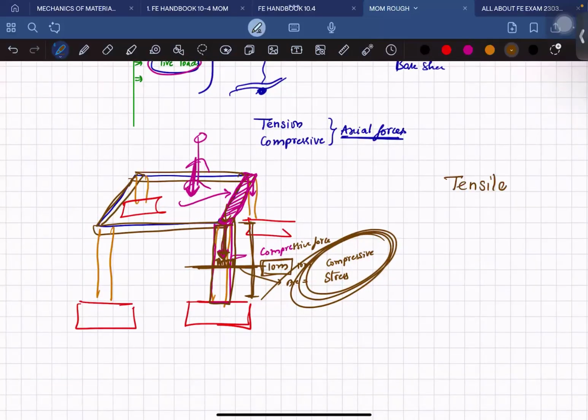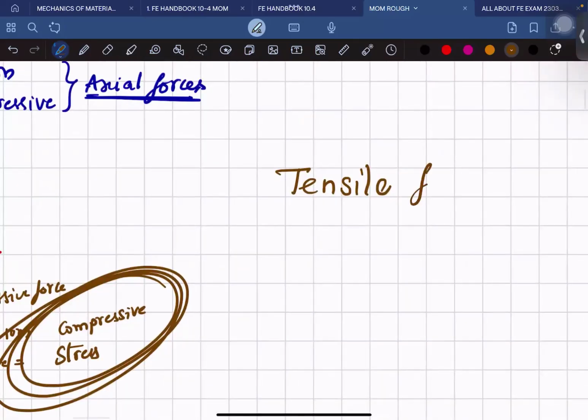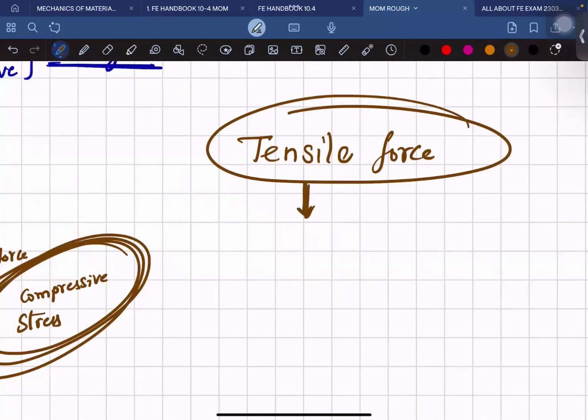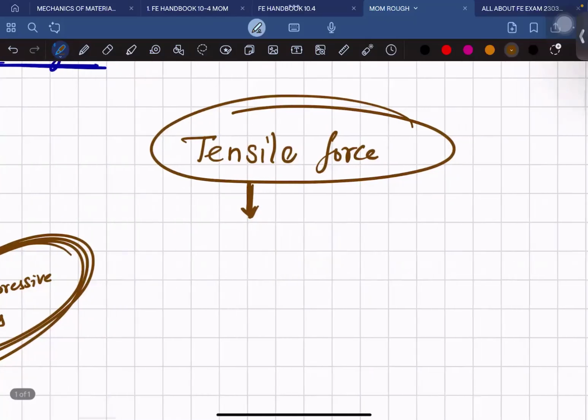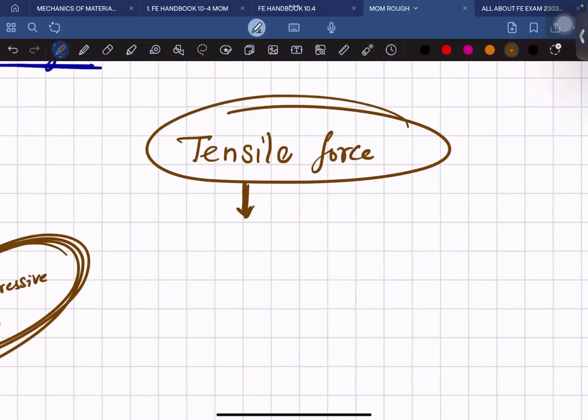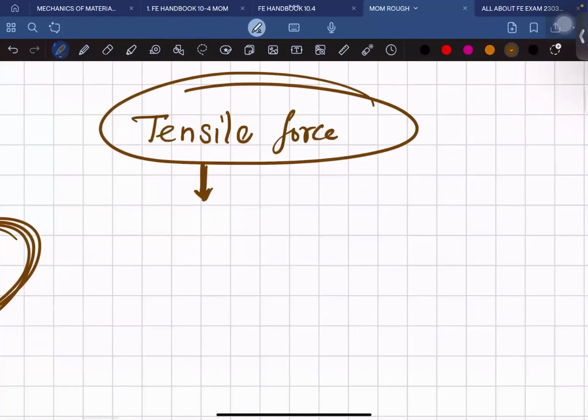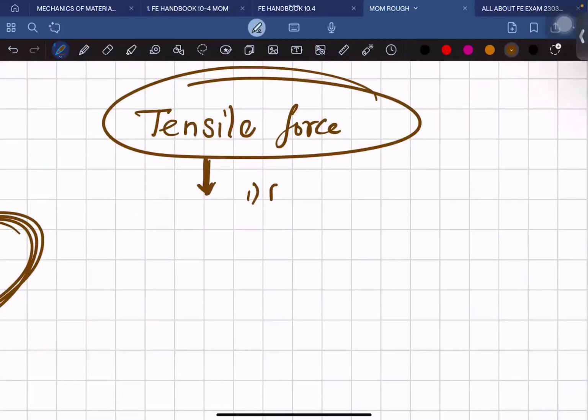Any example, not only in the civil field, any other field. Think of it. Catapult. Yes, please. A rubber band. So one example is a rubber band. A rubber band spring will also be in tension. Yes, when you pull a rubber band, it will be in tension.